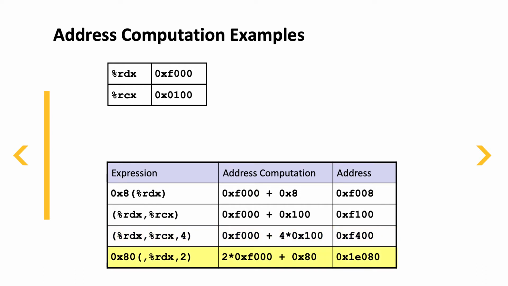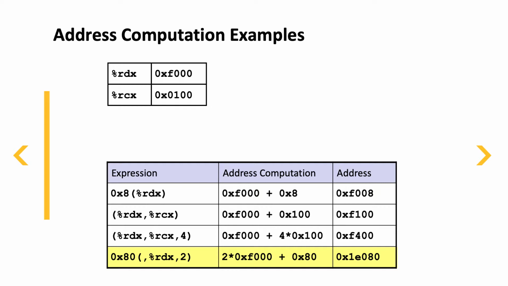Now, finally, we actually have a very interesting case where we didn't specify a base register. And that's fine, too. We add this little comma here to indicate that the spot for base register is blank. But again, we can still do the same thing. We don't have the base register, so there's nothing to add, but we do have a scale factor of 2.